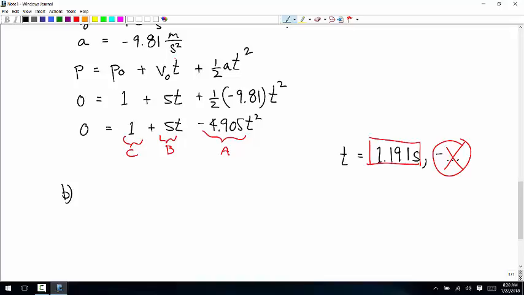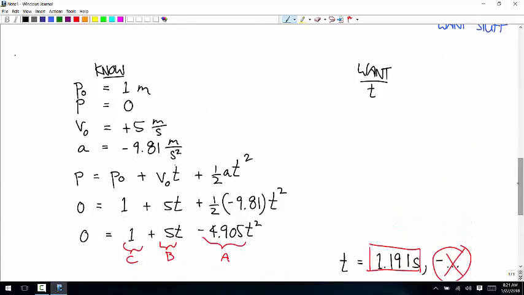Okay, so for the second one, now we know if we use these same time equals 0, position equals 0, positive direction, then all the things we knew before we know now, and we also know the time.